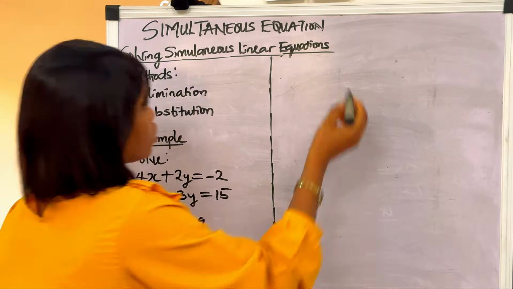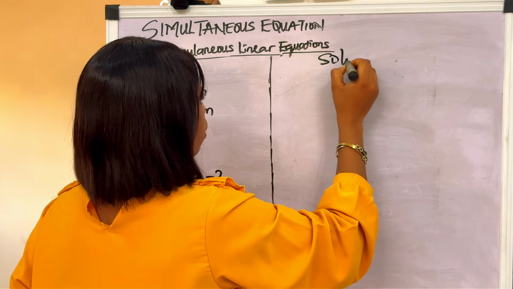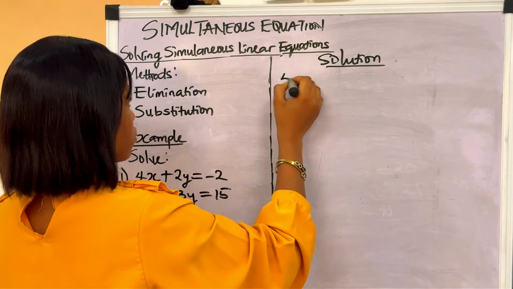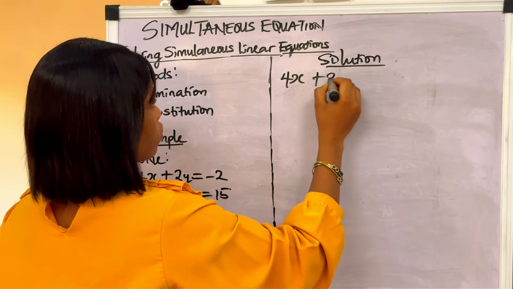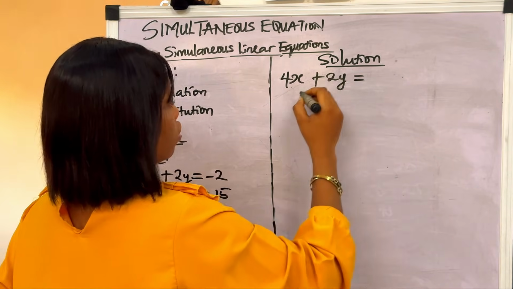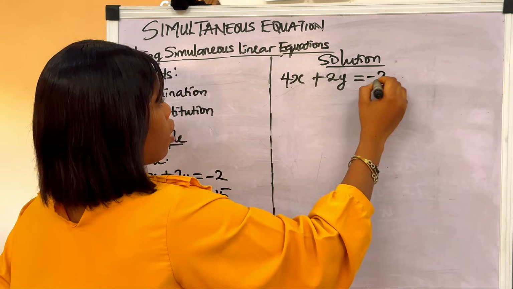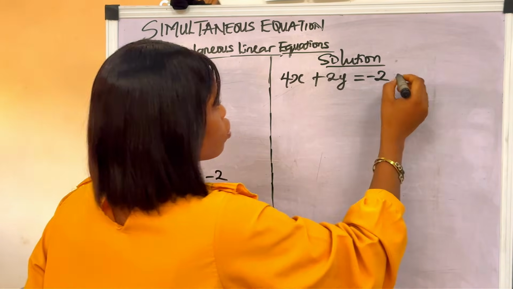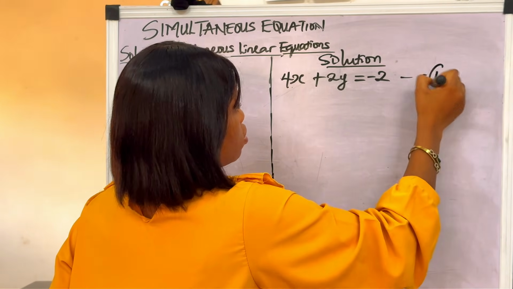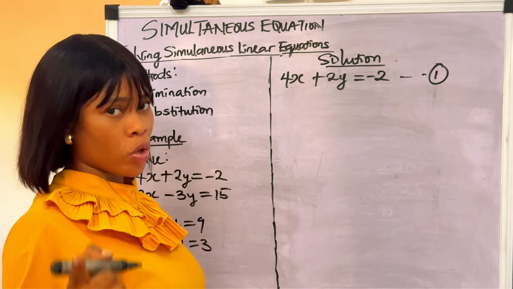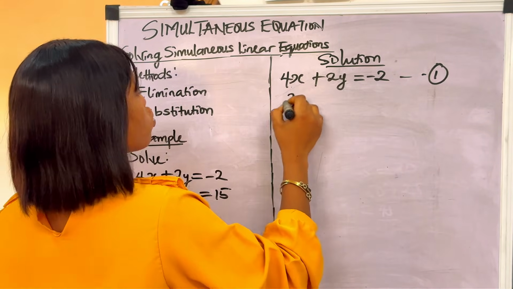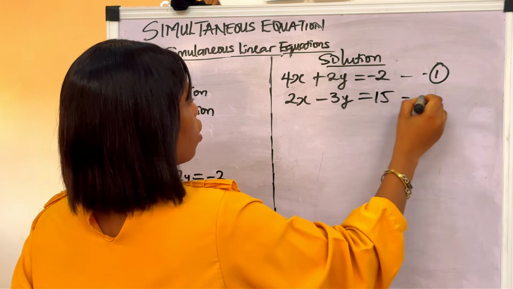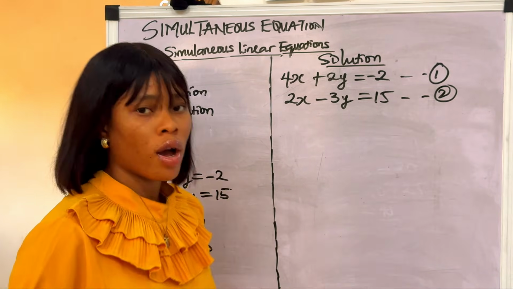Solving this, 4x plus 2y equals minus 2 we'll target as our equation 1, and then 2x minus 3y equals 15 we'll target as our equation 2.